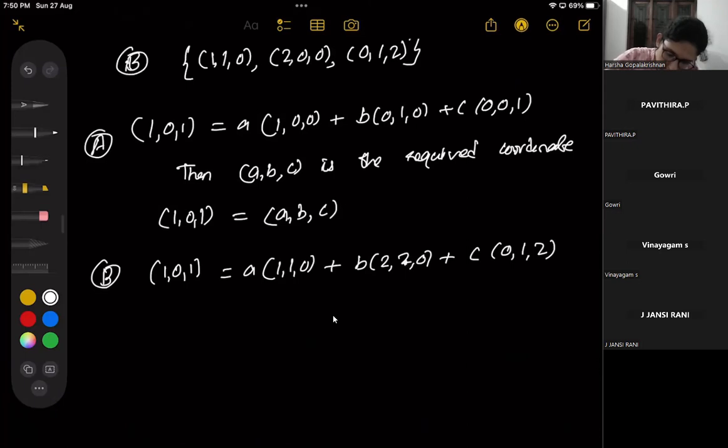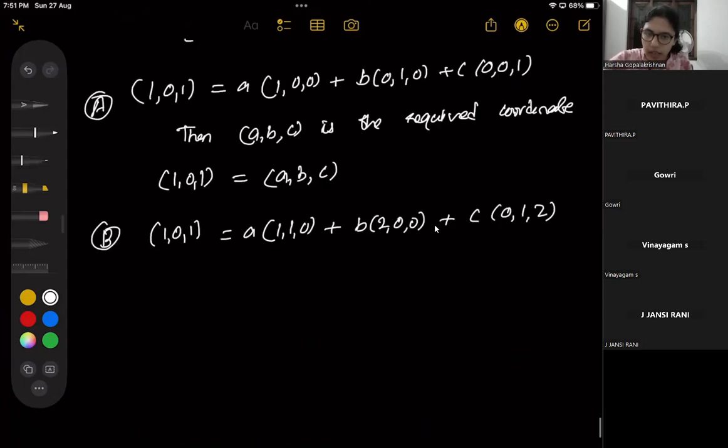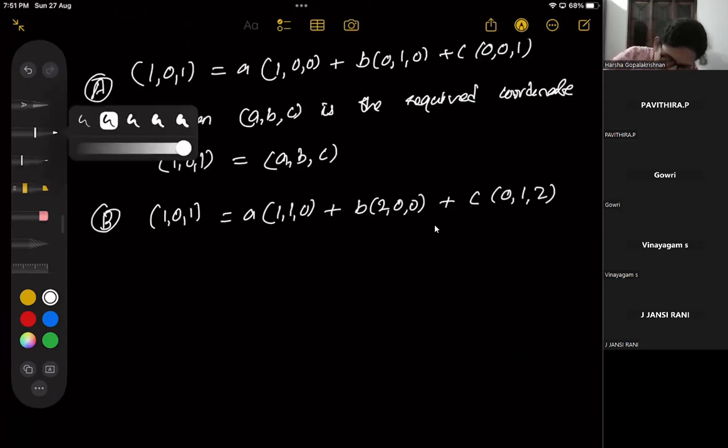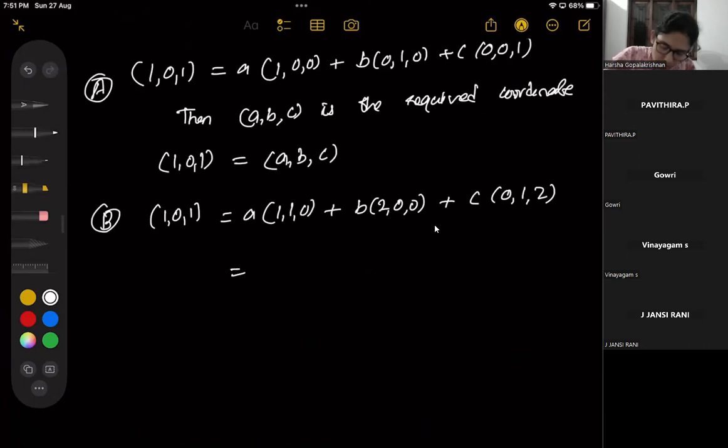If we expand this side, what we will get: A plus 2B plus 0. The second term is A plus 0B plus C. The third is A into 0 plus B into 0 plus C into 2, so it is 2C.